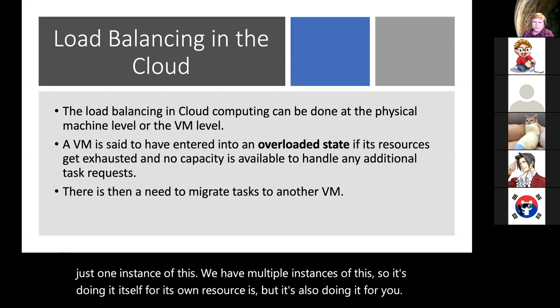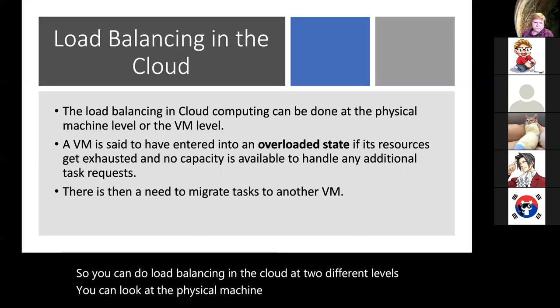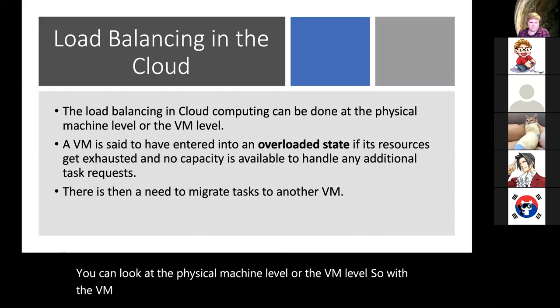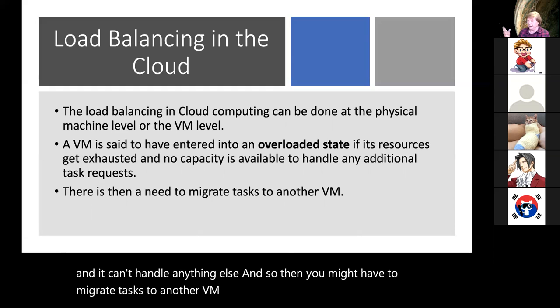So you can do load balancing in the cloud at two different levels. You can look at the physical machine level or the VM level. With the VM, it's in an overloaded state if its resources get exhausted and it can't handle anything else. And so then you might have to migrate tasks to another VM. In other words, you're saying, now I need another VM.